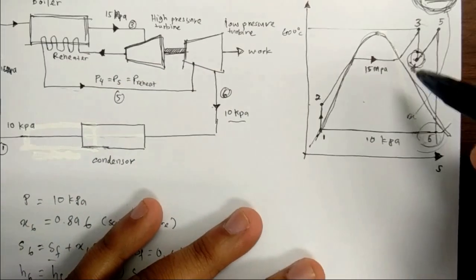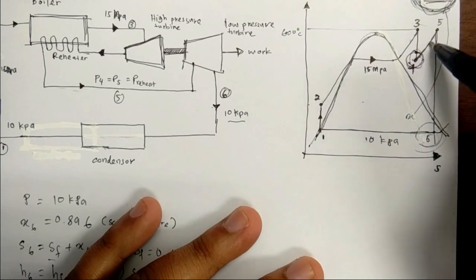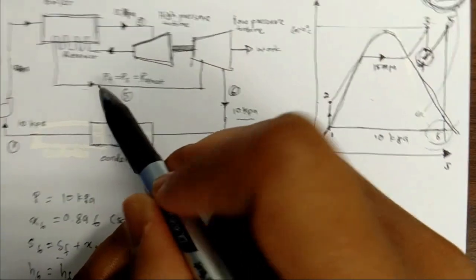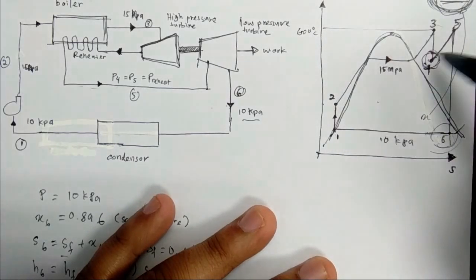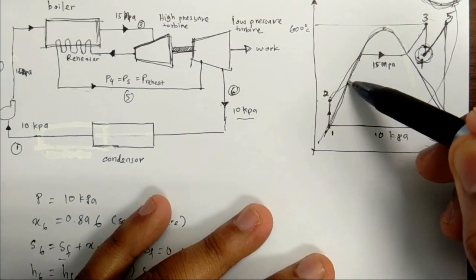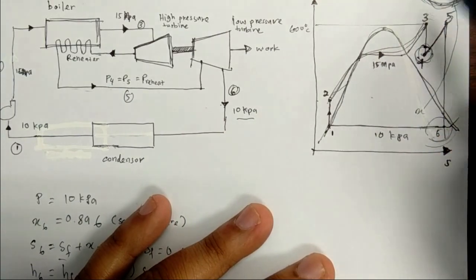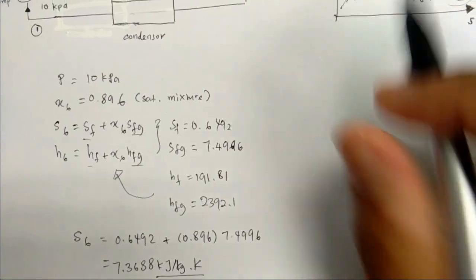Since we know that the pressure at 4 is constant when it goes through to state 5, which means pressure 4 is equal to P5. It seems like process 2 to 3 is constant pressure, so 4 to 5 is also constant pressure.